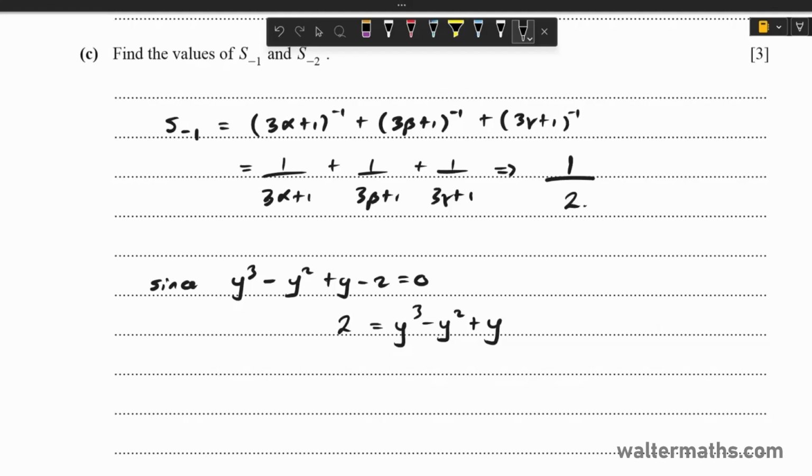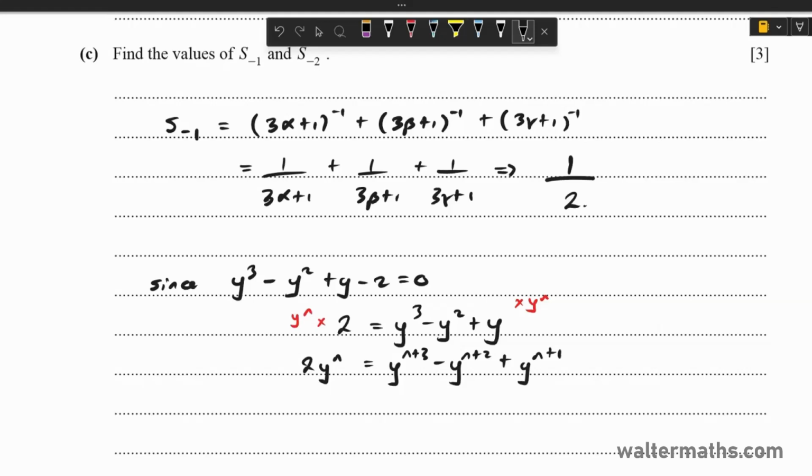And I'm going to multiply both sides of this equation by y to the n. So on the left side we'll be having 2y to the n being equal to y to the n plus 3 minus y to the n plus 2 plus y to the n plus 1.